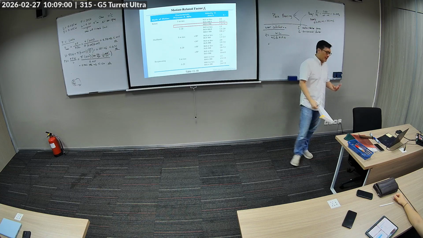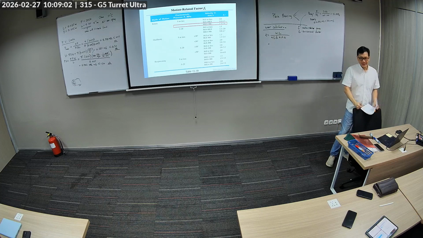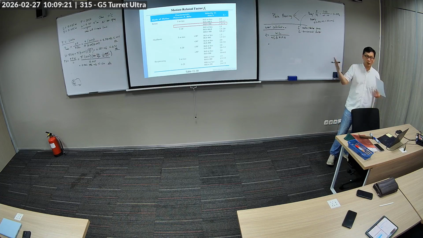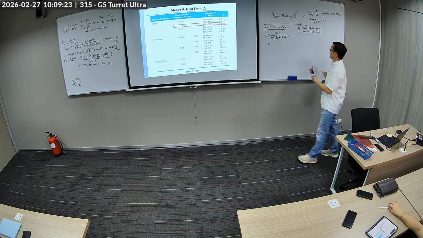And I'm sure at this point, many of you felt like, is it 1.3 or is it 1.8? Well, welcome to engineering. There's a difference between science and engineering, okay? In engineering, we estimate, and I usually take the worst case point. You can take an average, but I usually take the worst case point, which is 1.8.